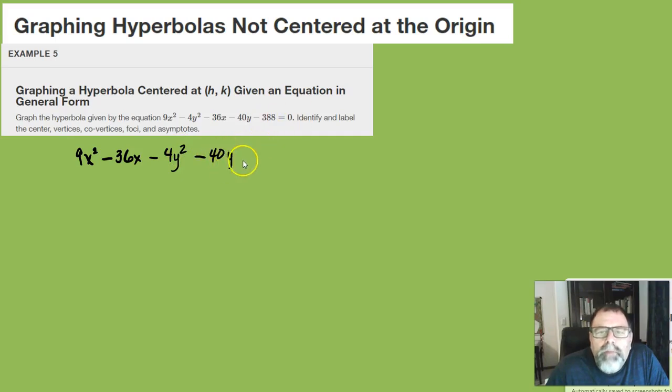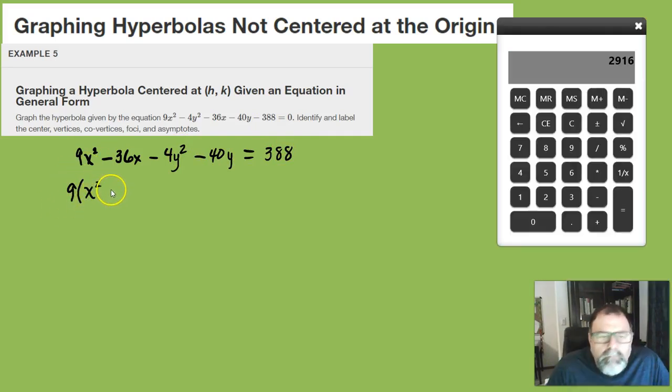I'm going to add the 388 to the other side. Now I'm going to factor out the 9. I get x squared, x squared minus, I got to divide by 9. So 36 divided by 9 is 4.